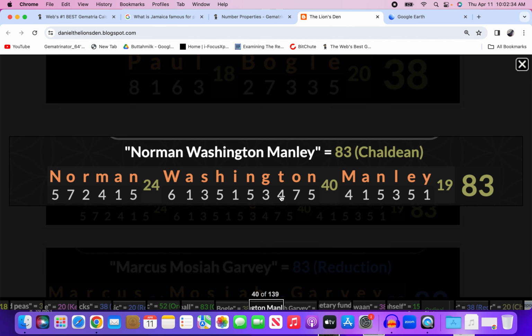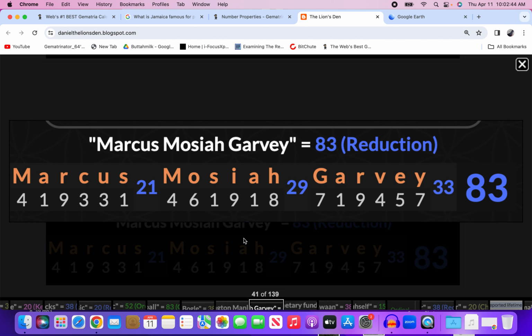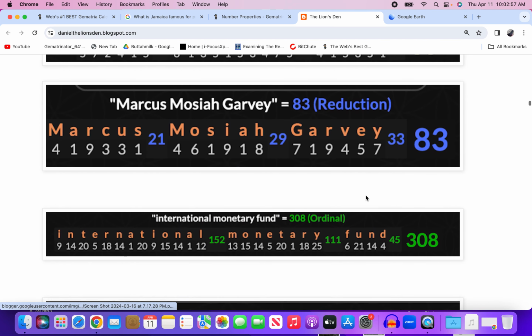Norman Washington Manley, 83, the founder of the PNP party. 38. Marcus Mosiah Garvey, he had this Back to Africa movement. Big popular figure in Jamaica, equals 83 or 38, just like Jamaica.